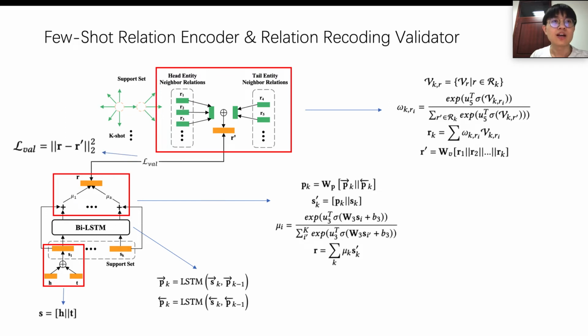Finally, loss validation will be added to the original ranking loss function, which is used to verify the correctness of the few-shot relations and their representations.